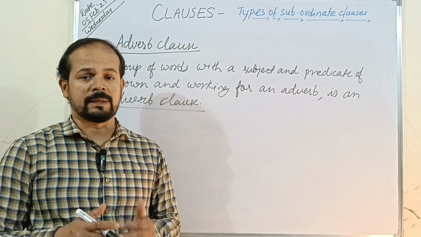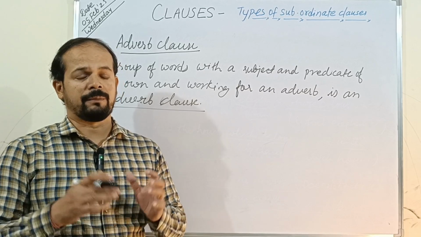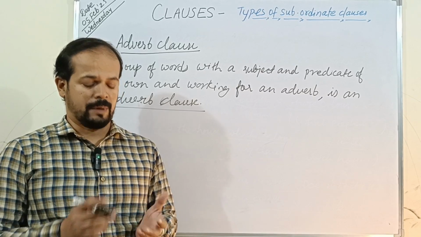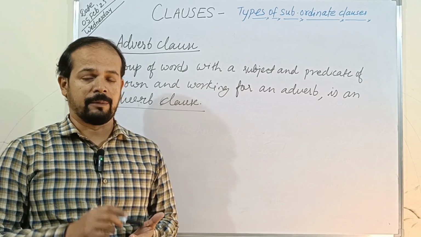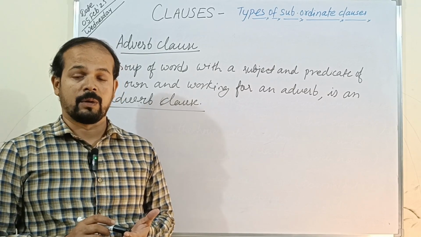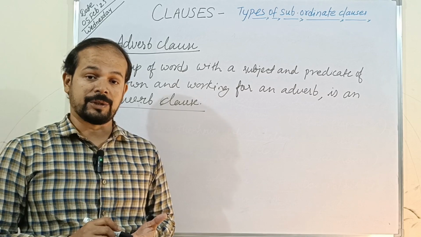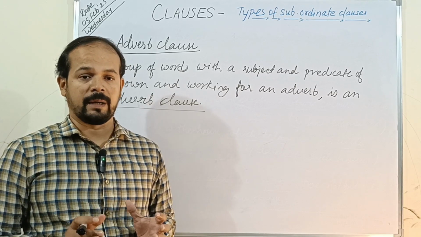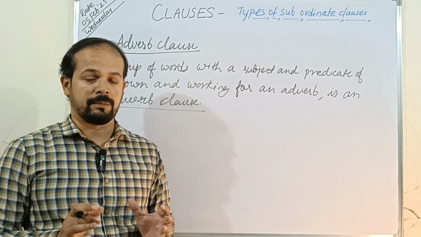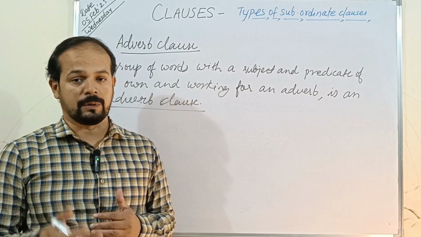And it tells us the reason, condition, whatever the function of an adverb is. I mean, an adverb tells us the time, the place, the manner, okay? Adverb tells us the condition. So these are the functions of an adverb, okay? An adverb qualifies a verb, an adjective, and another adverb also.